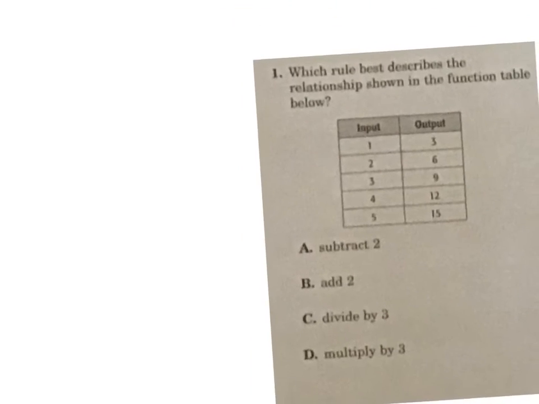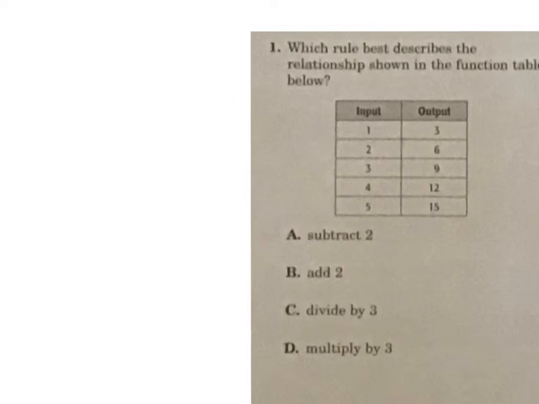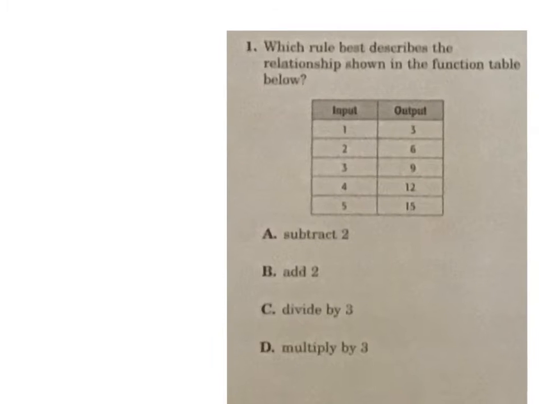It says, which rule best describes the relationship in this function table? So I have going in and coming out. I'm going from 1 in to 3 out, to 2 in to 6 out. And I'm wondering what's happening in the function.